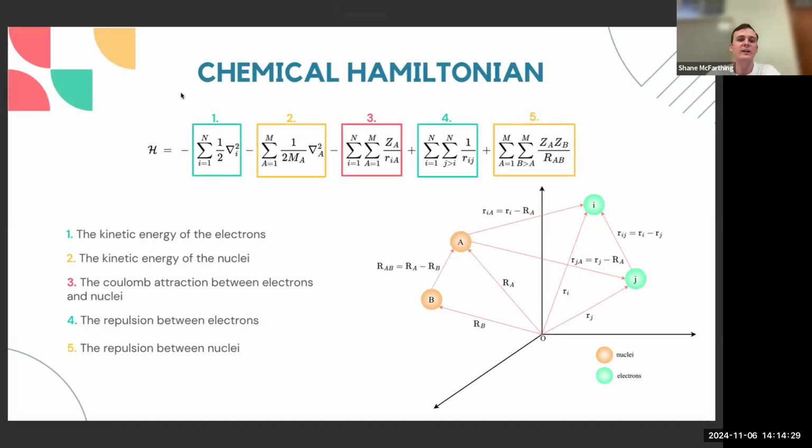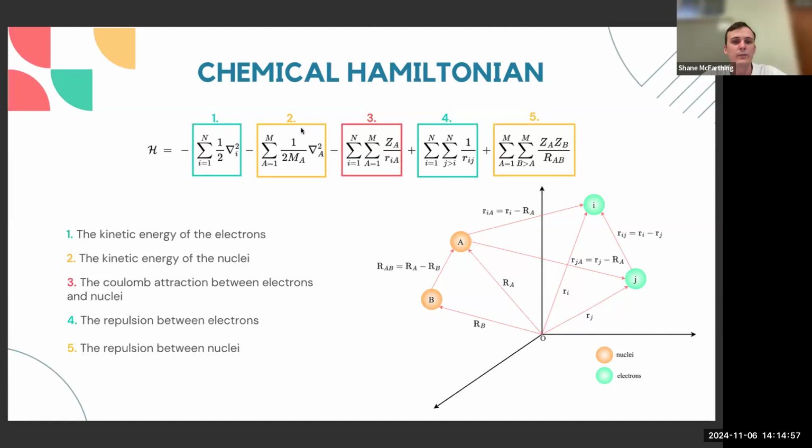Now if we take a look at the chemical Hamiltonian. In the Schrödinger equation, we mentioned that it's the operator representing the total energy of the system. This is broken up into contributions from both the electrons and the nuclei. So we have 5 terms in the full Hamiltonian. The first term over here is the kinetic energy of the electrons.